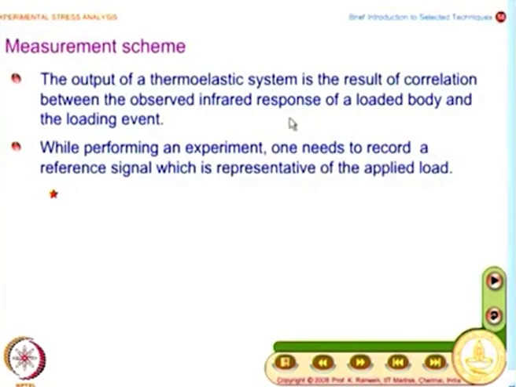So, I need a signal to record how the body is loaded. You need a reference signal. So, while performing an experiment, one needs to record a reference signal which is representative of the applied load. This can be done in various ways, that is what is listed below.